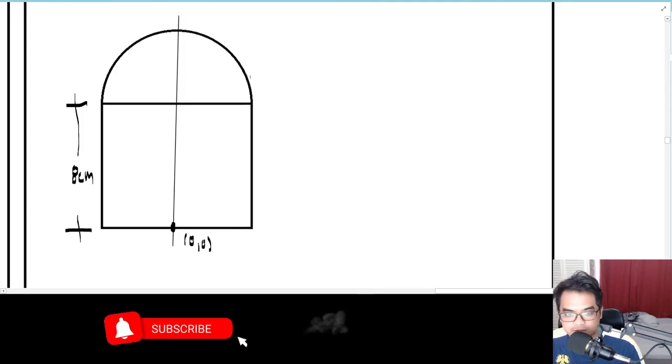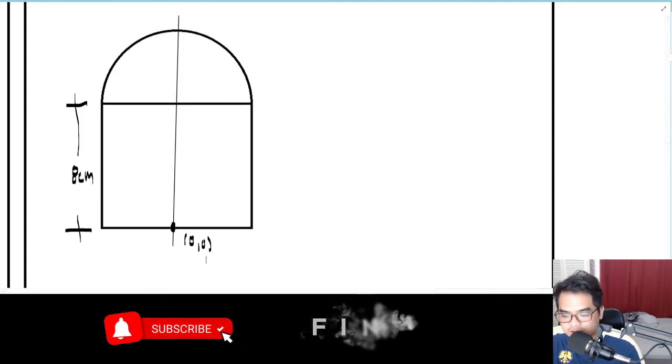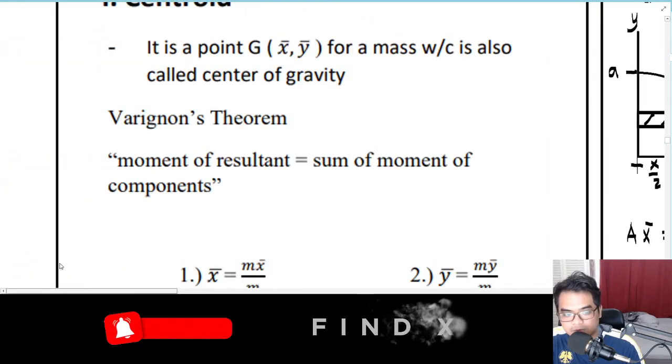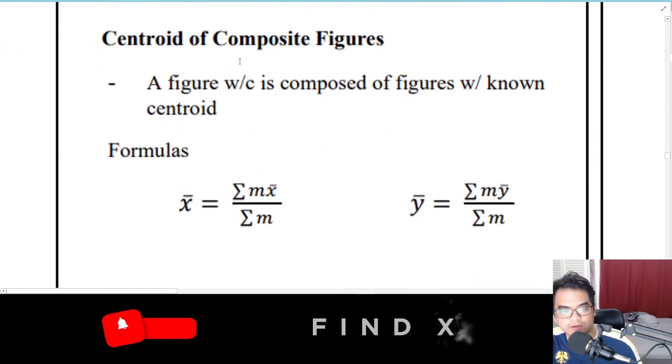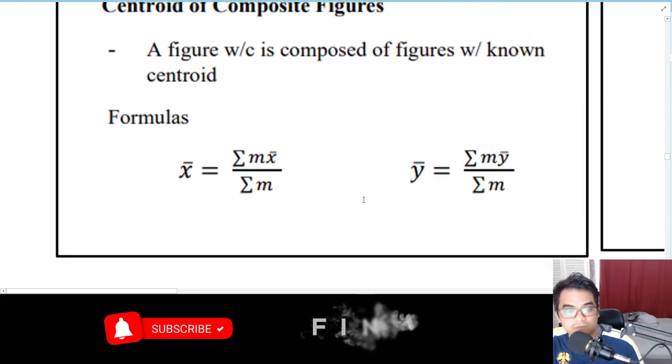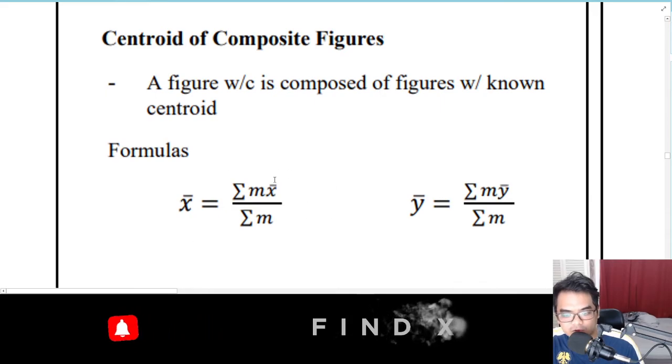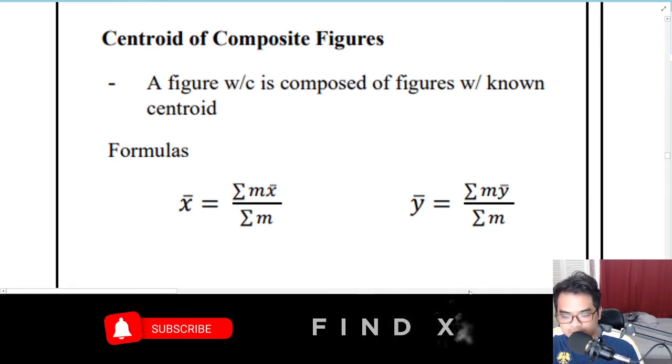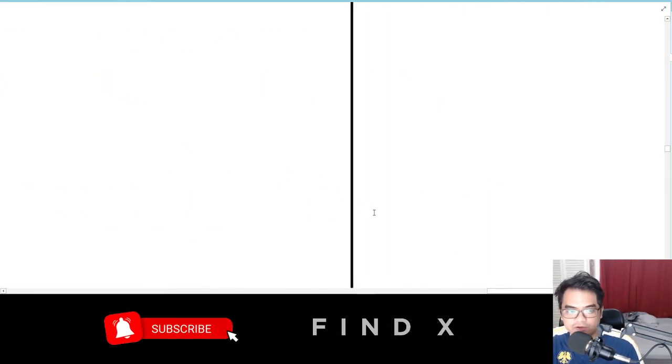So we'll be using the centroid of composite figures, a figure composed of figures with known centroids. It is almost the same, and again m and r are still replaceable.